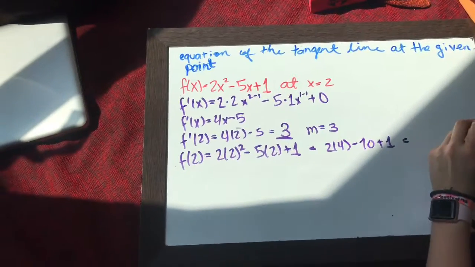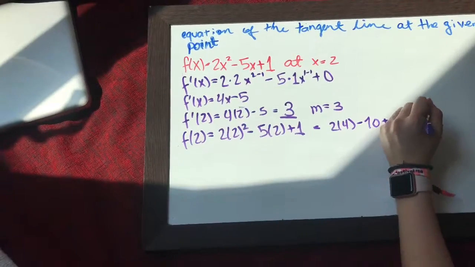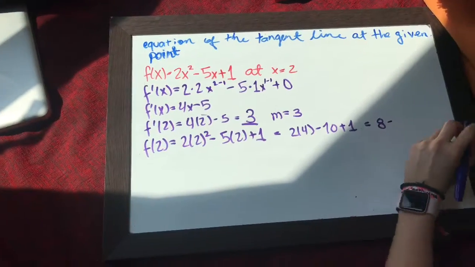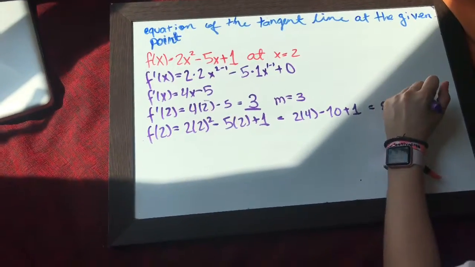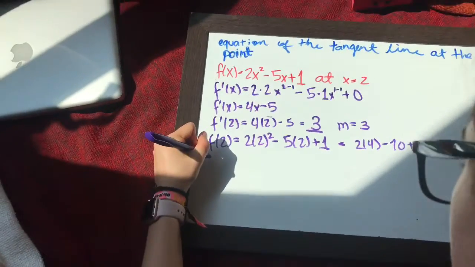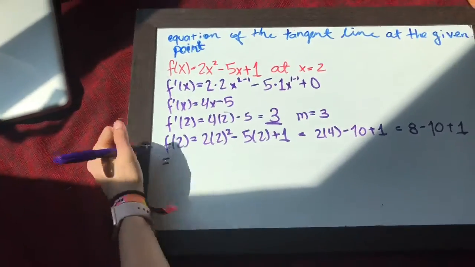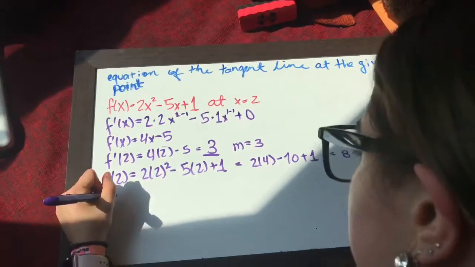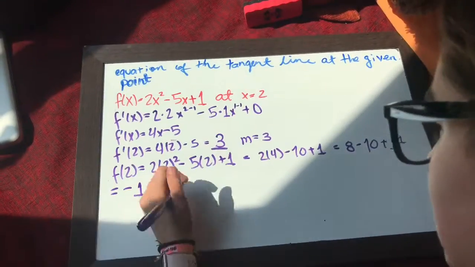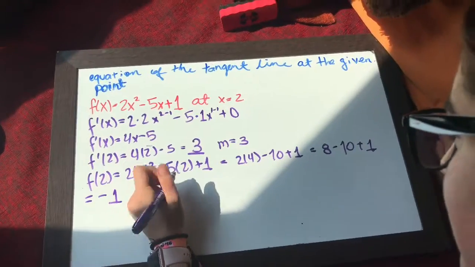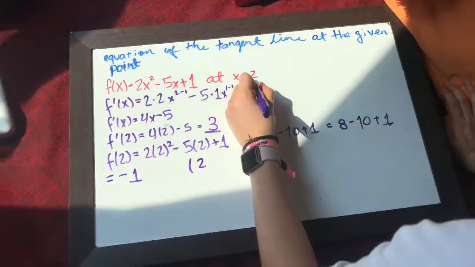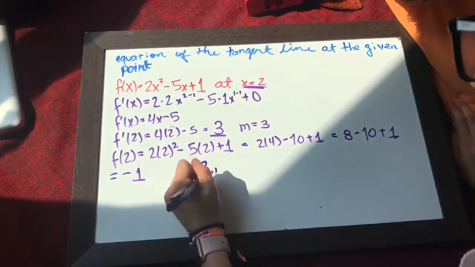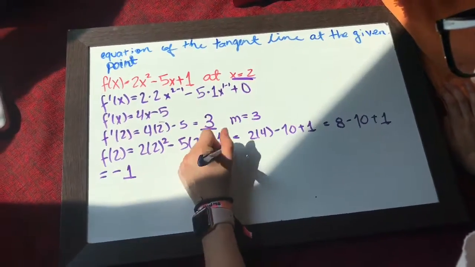It will equal 8 minus 10 plus 1, and that will be equal to minus 1. So now our coordinate is 2, because x equals 2, and minus 1.